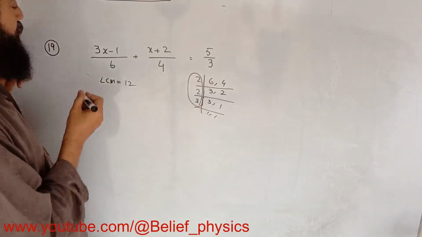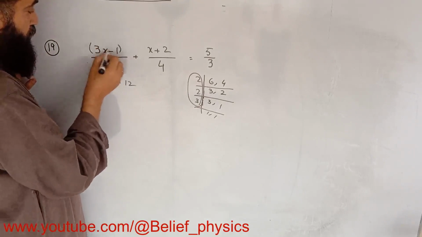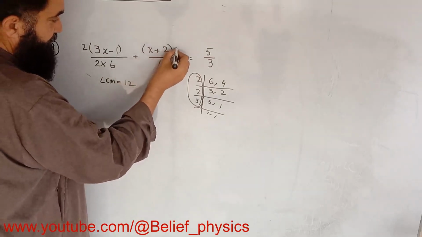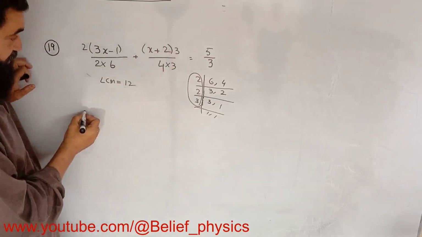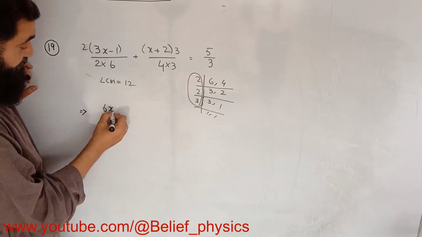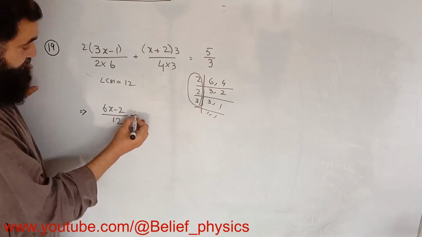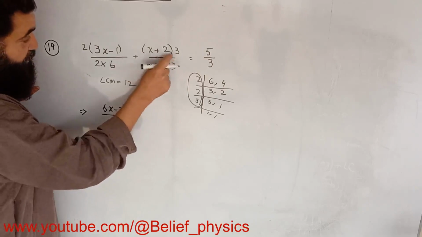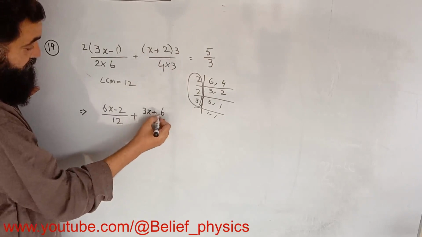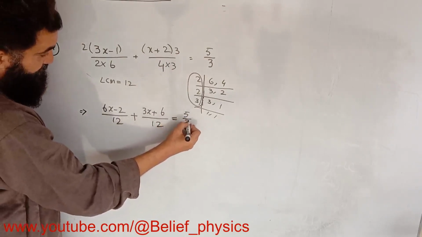Therefore, to make the denominator 12, we multiply the first fraction by 2, and the second by 3. So our equation becomes 2 into (3x minus 1), that is 6x minus 2, over 12, plus 3 into (x plus 2), that is 3x plus 6, over 12, is equal to 5 over 3.